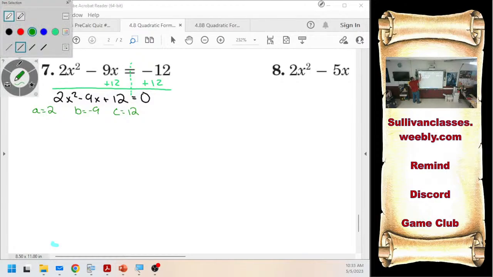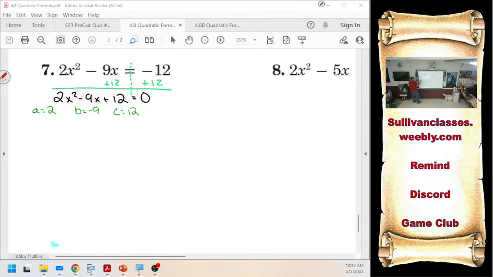I'm going to write my formula, but I'm not going to write all my A's, B's, and C's in there this time. I'm going to replace all of them with parentheses. I should have my formula written somewhere on the page so I can keep referring back to it.